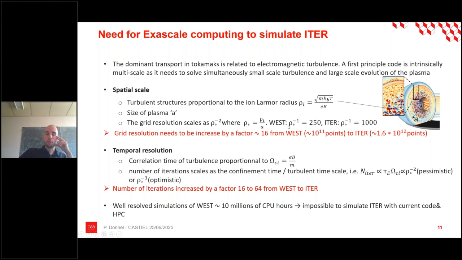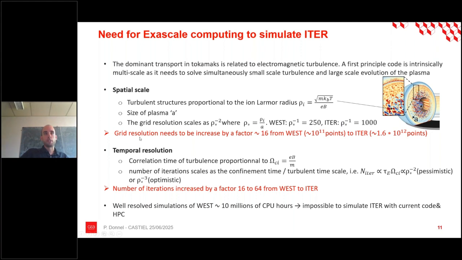For the West Tokamak, which is the largest Tokamak in France before ITER is in production, rho star is of the order of 250. So actually it's rho star to the power of -1. And for ITER, it will be basically 4 times this value.